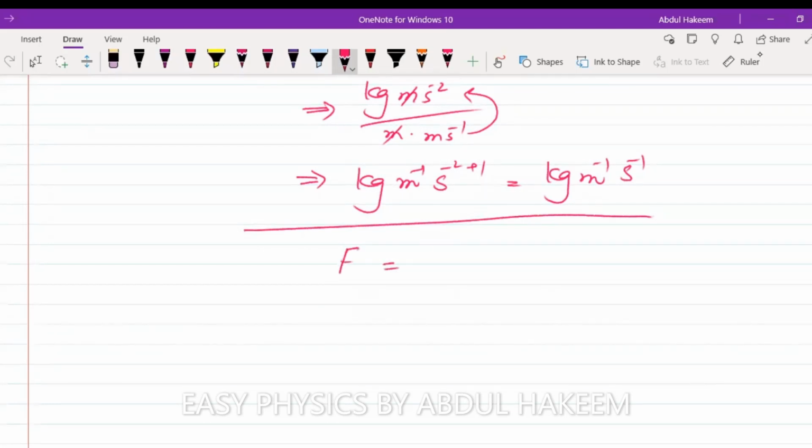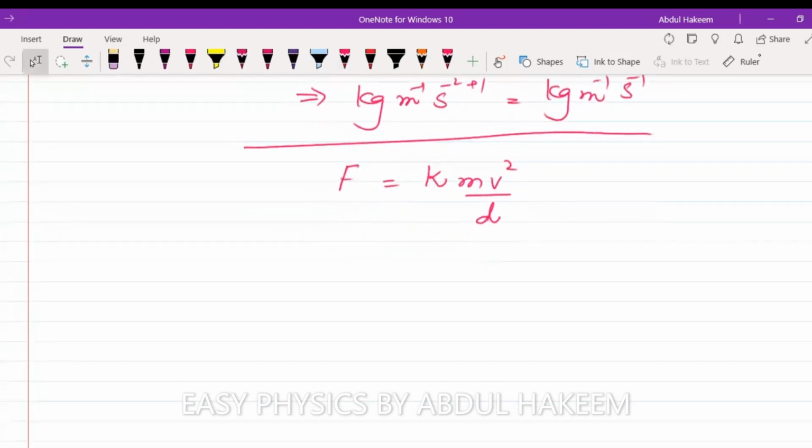But sometimes, for example, F is equal to K m v square over d. M is the mass, V is the speed, D is the distance, F is the force, and K is unknown. For example, this is the equation. And the question is, determine the unit of K. So we will make K the subject: K equals FD divided by mv square.